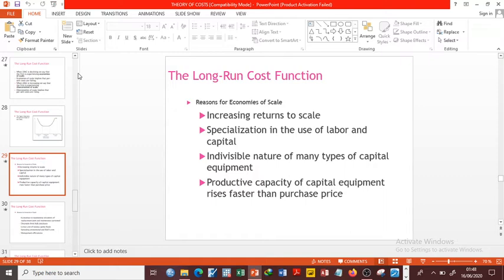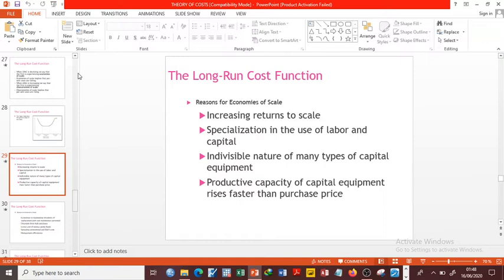Instead of buying a printer separately, a photocopying machine separately, and a scanner, you can have one machine that is doing all the work, and you save the costs. Just like we've said, in this scenario the cost will be reducing, but the output will be increasing. So that is the indivisible nature of many types of capital equipment.